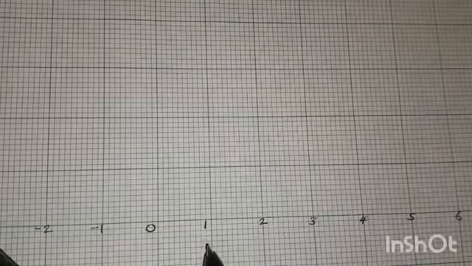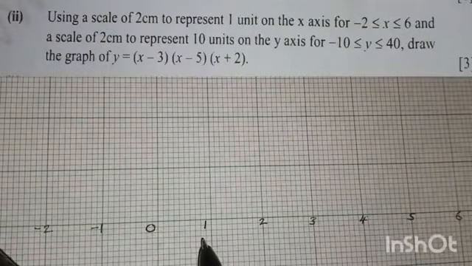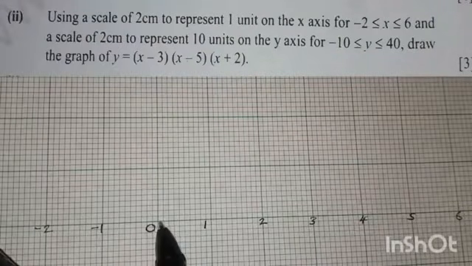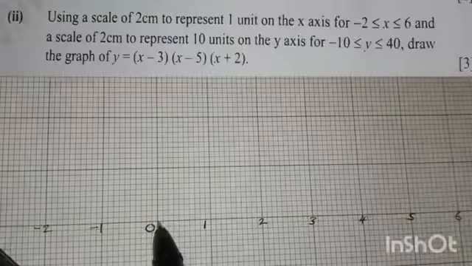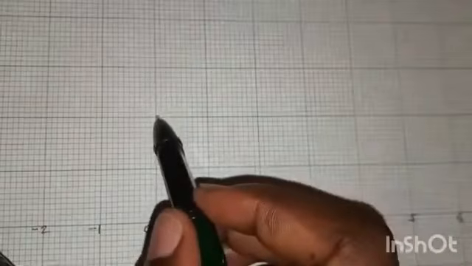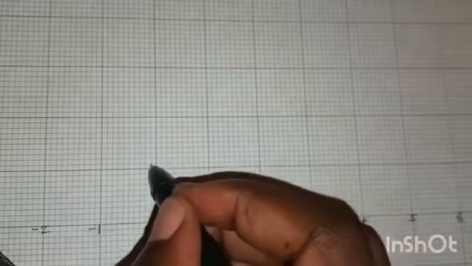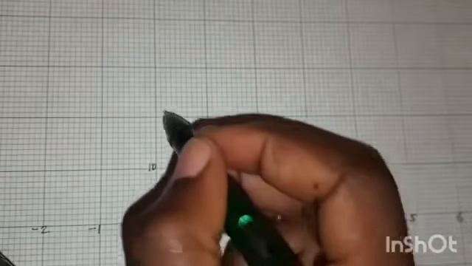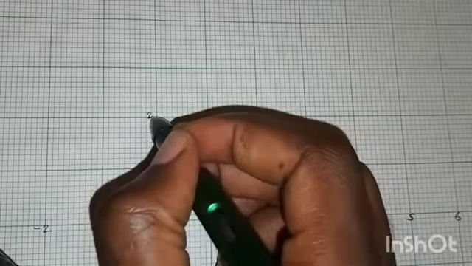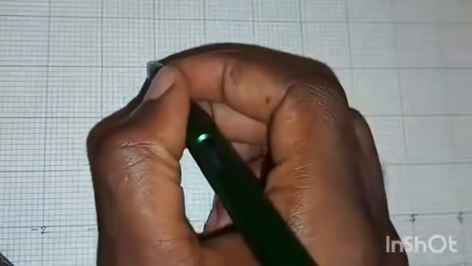On the y-axis, they are saying use a scale of 2 centimeters to represent 10 units. So from the origin, we are moving in tens. 0, 10, 20, up to 40. So here we have 10, then 20, 30, up to 40.